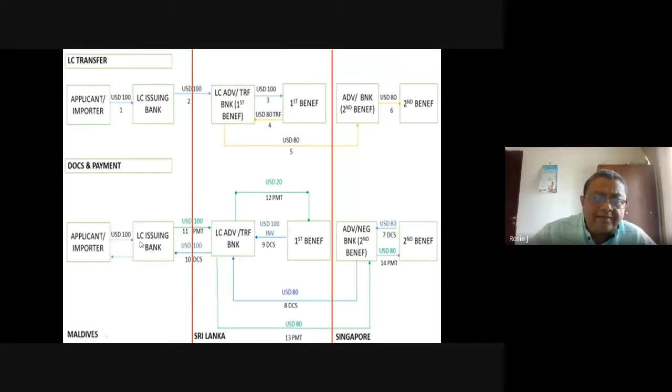But the moment Bank of Ceylon gets the documents for $100, it has to make the payment to People's Bank for the benefit of the parent company. Once the documents are received, Bank of Ceylon will make the payment of $100 to People's Bank.